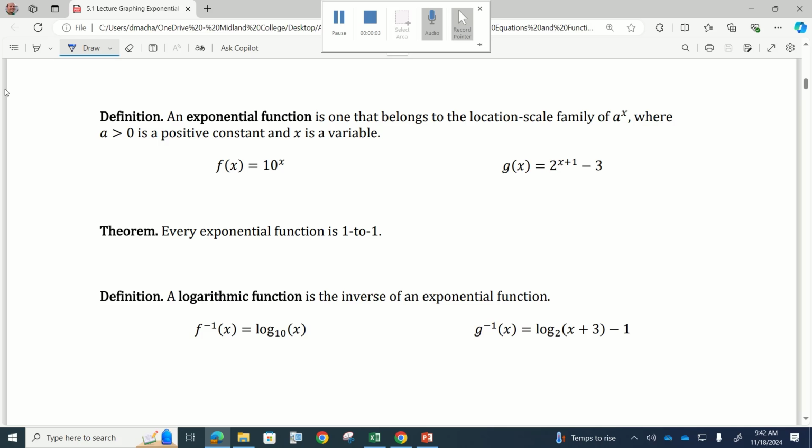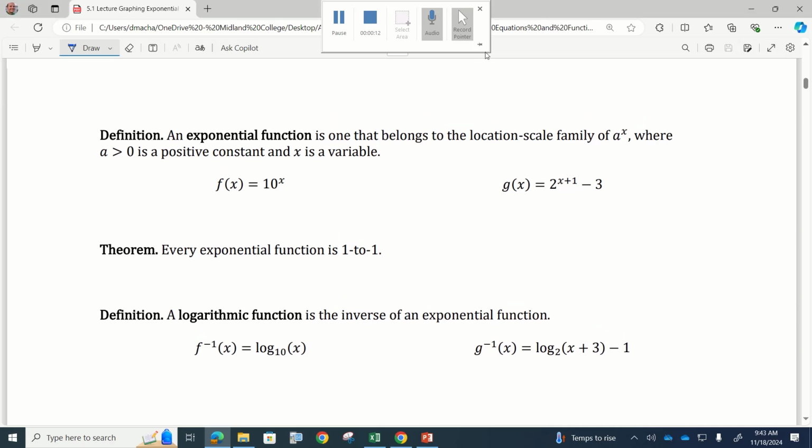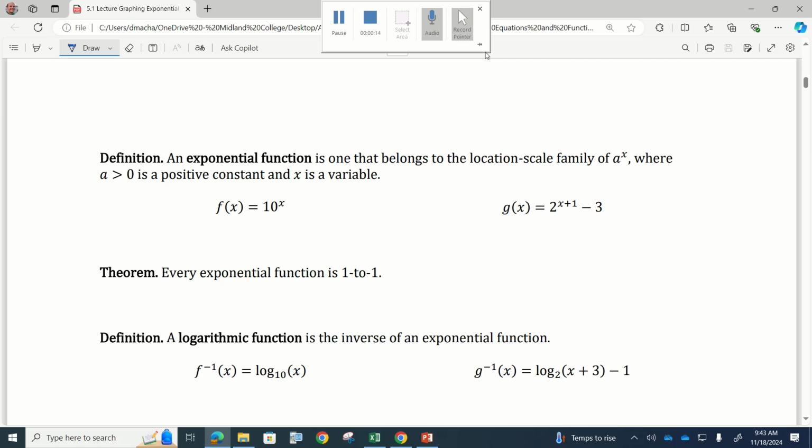An exponential function is a function that either looks like a constant raised to a power, like 10 to the power x, that's a constant raised to a variable power.